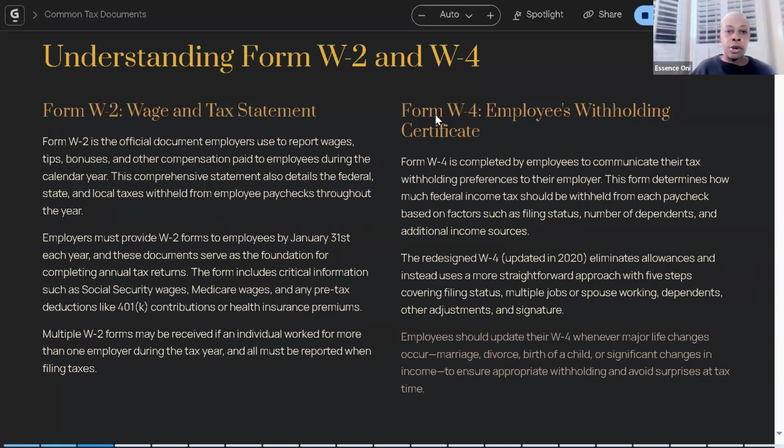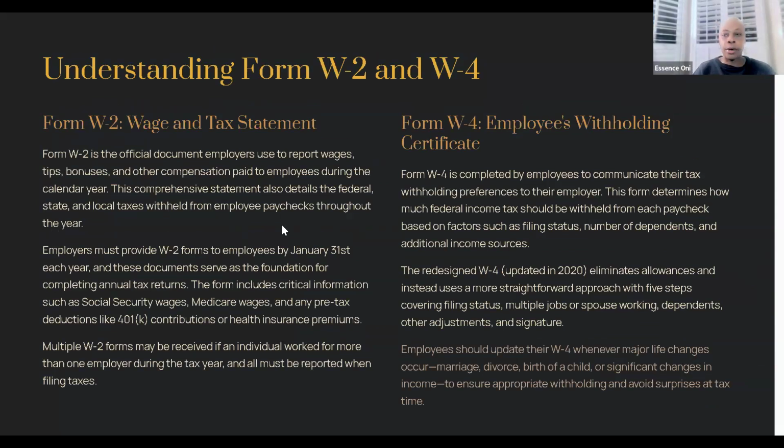Okay, so the first form that we're going to talk about is the W-2. We know that the W-2 is the most common form. Whenever you think or say taxes, the W-2 is the first thing we think about. The W-2 is pretty much given by most employers to any regular employee.